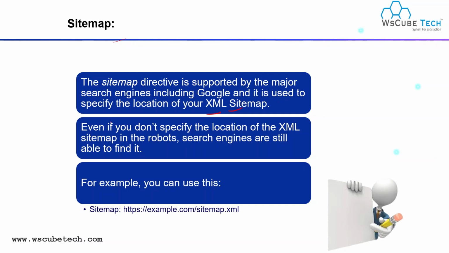Even if you don't specify the location of the XML sitemap in the robots.txt, the search engines are still able to find it. For example, here you can see this is your domain name, and after your domain name, just put a backslash and mention your sitemap.xml.